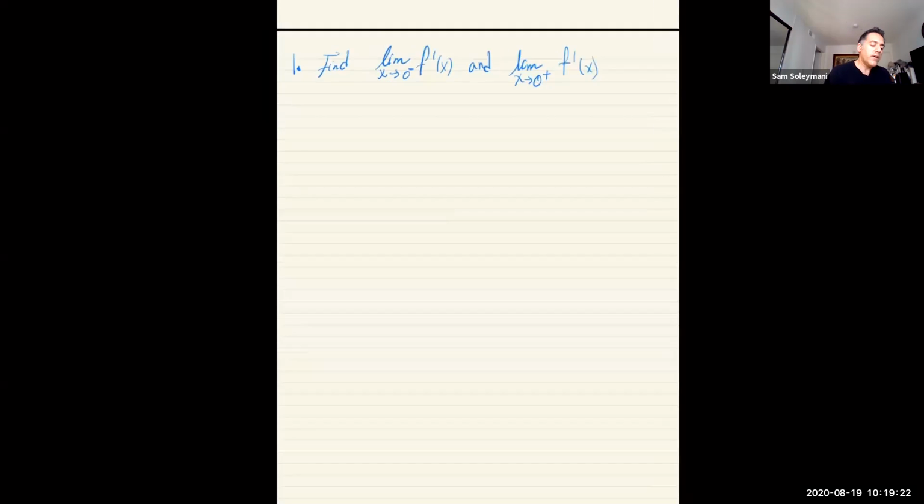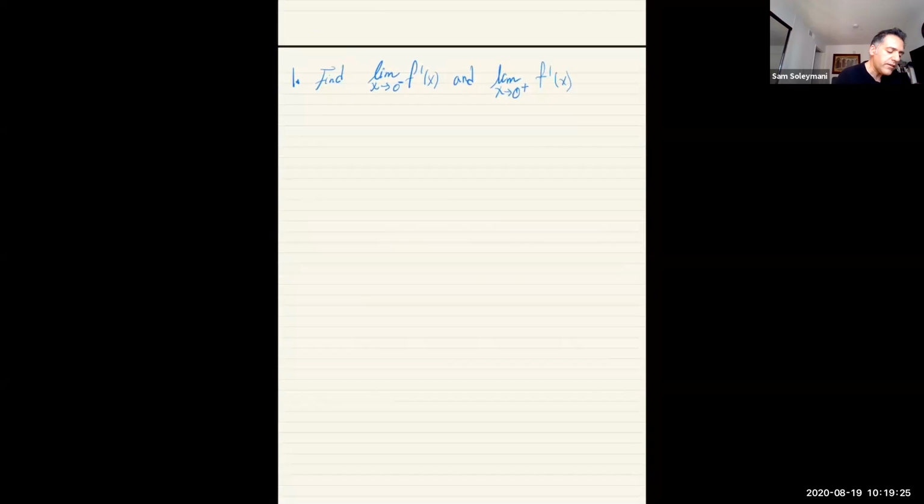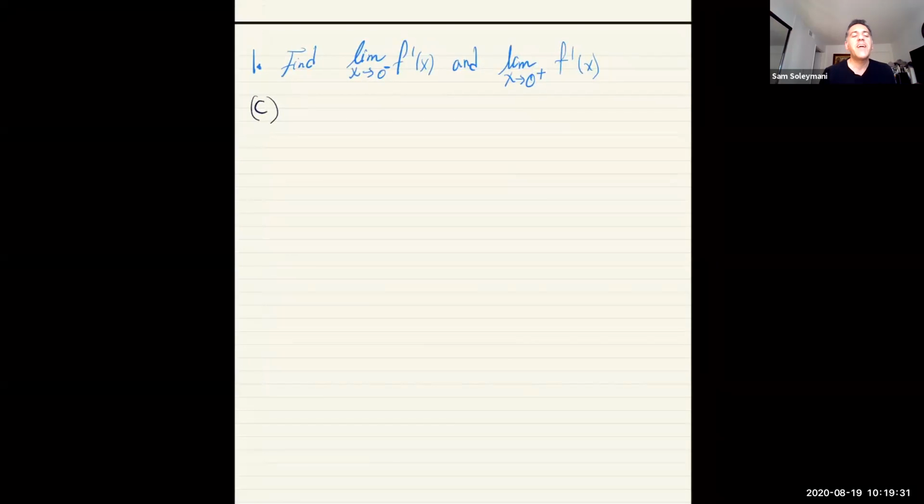Okay, so let me get you started on 1C. If I was writing this handout, I would make that function a lot more complicated, like the absolute value of x squared minus 1 over x minus 1.